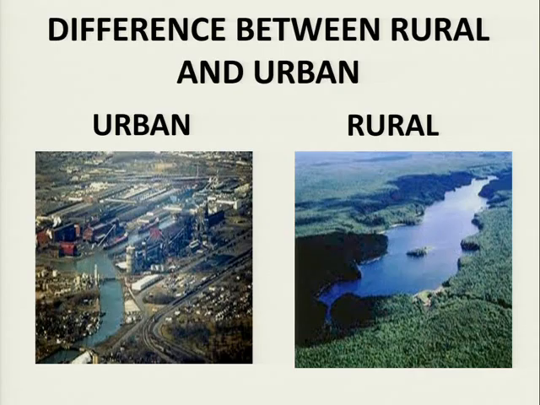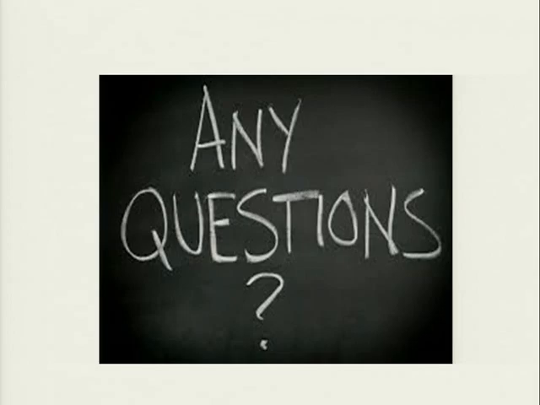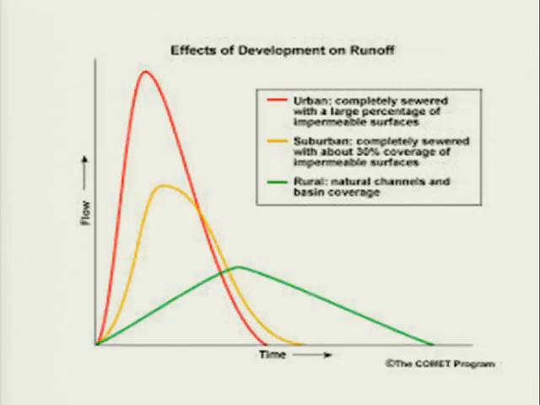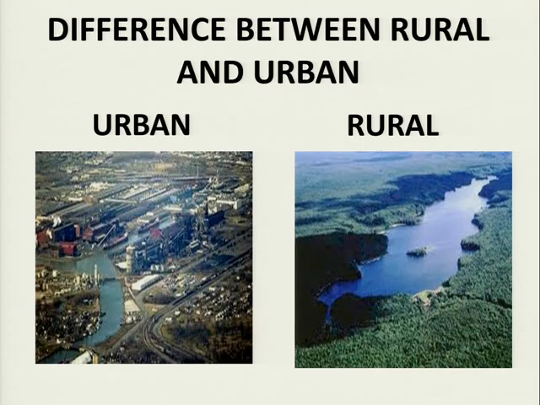They may also ask you the difference between the urban and the rural area in runoff and infiltration. If I had to set a topographical map question, I would ask you to identify the rural area and the urban area.